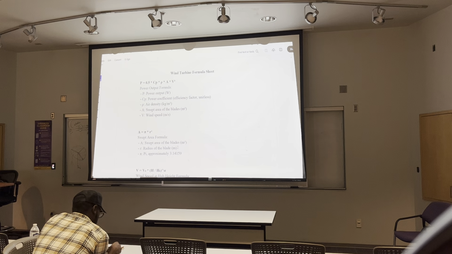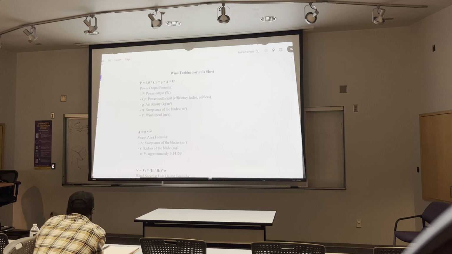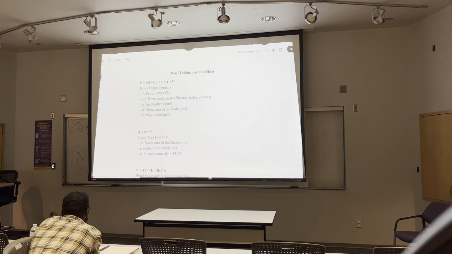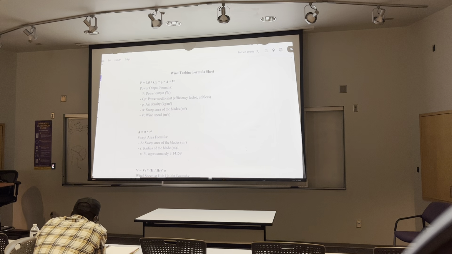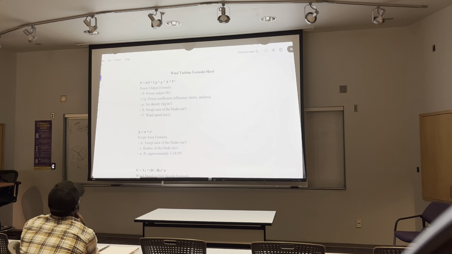Rho is the air density, kilogram per meter cubed. A is the swept area, in meter square, or in feet square, depending, but most books use meter square. V is the wind speed, meter per second.